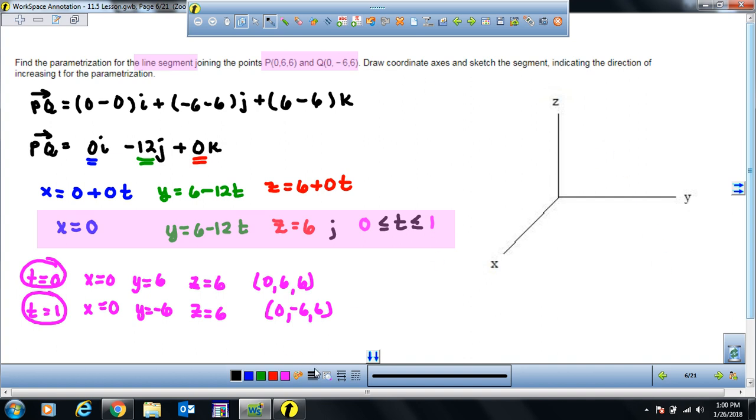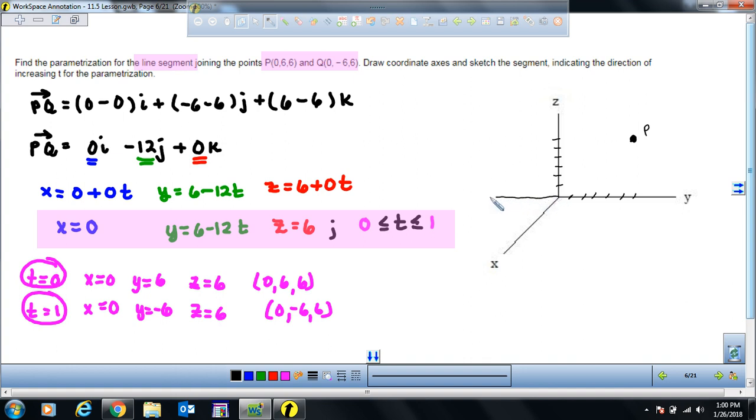So since this line segment goes from P to Q, we're going to sketch it. P is 0, then the value of y is 1, 2, 3, 4, 5, and 6, and the value of z is 6, 1, 2, 3, 4, 5, and 6. This is where P is, and it moves in the direction of Q. Q is 0 for x, so there is no x.